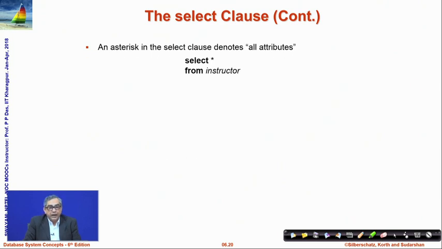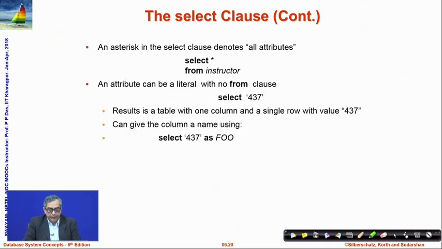You can use an asterisk after select to specify that you are interested in all the attributes that the relation, or the collection of relations, in the from clause has. You can also specify a select with a literal and without a from clause.